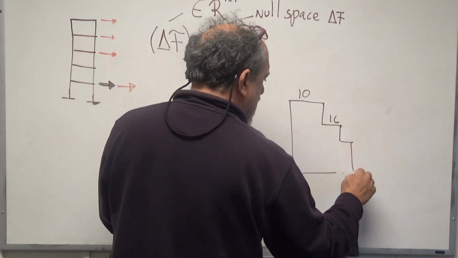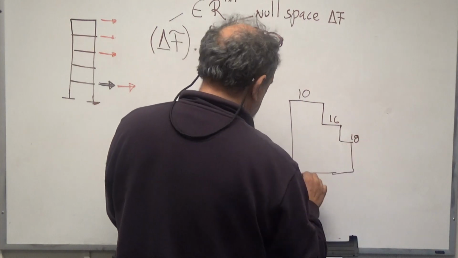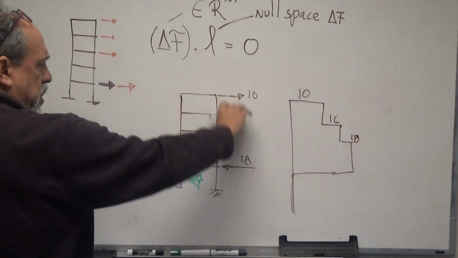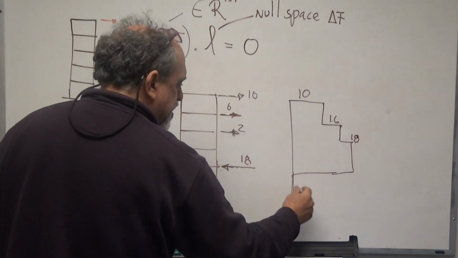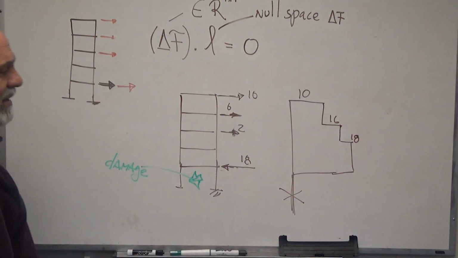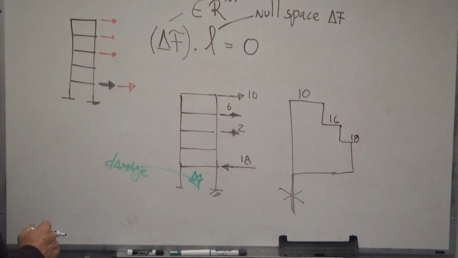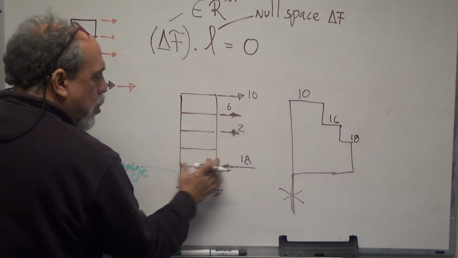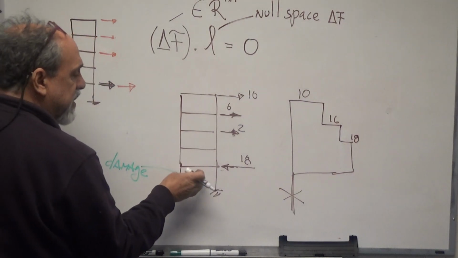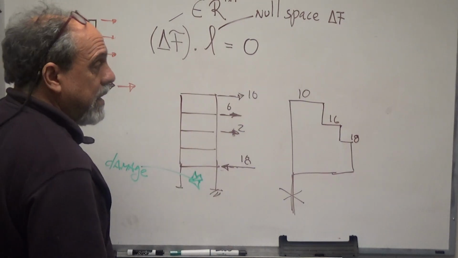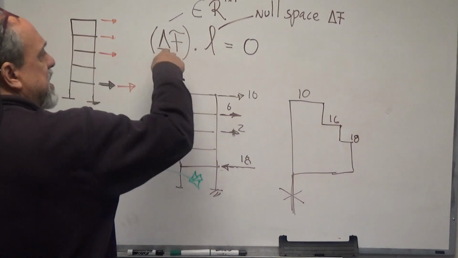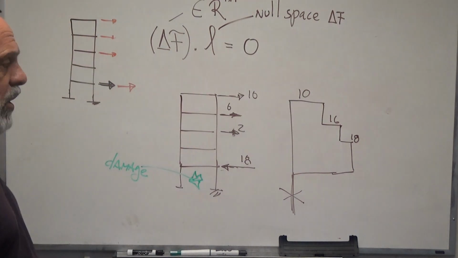So, for this loading, there is no shear on level 1. And if there is no shear on level 1, in a shear building, there is no distortion on level 1, therefore the stiffness of level 1 is irrelevant. And that's why a change in stiffness of level 1 cannot be seen on that delta F.